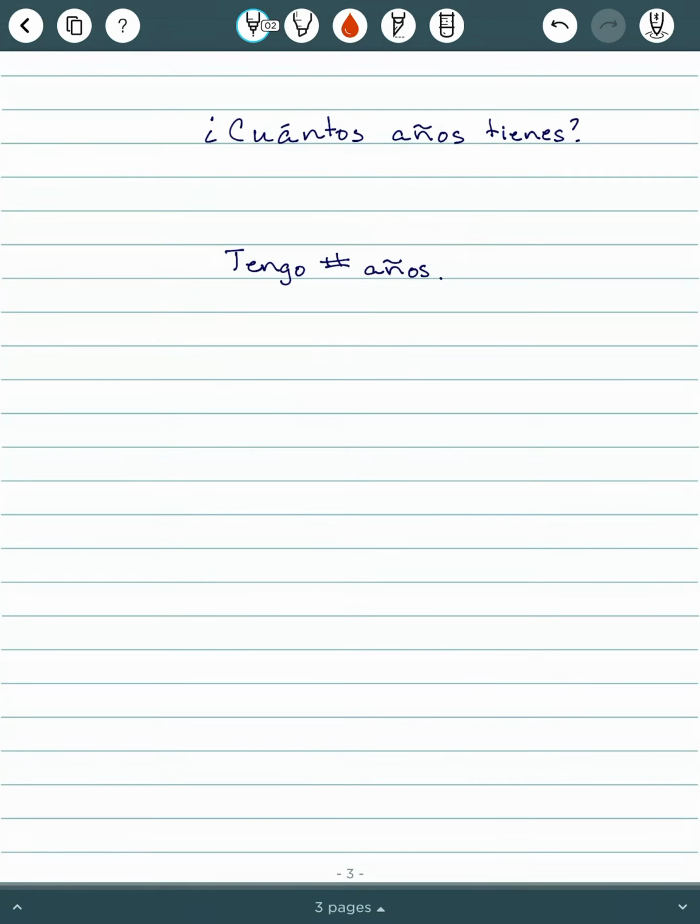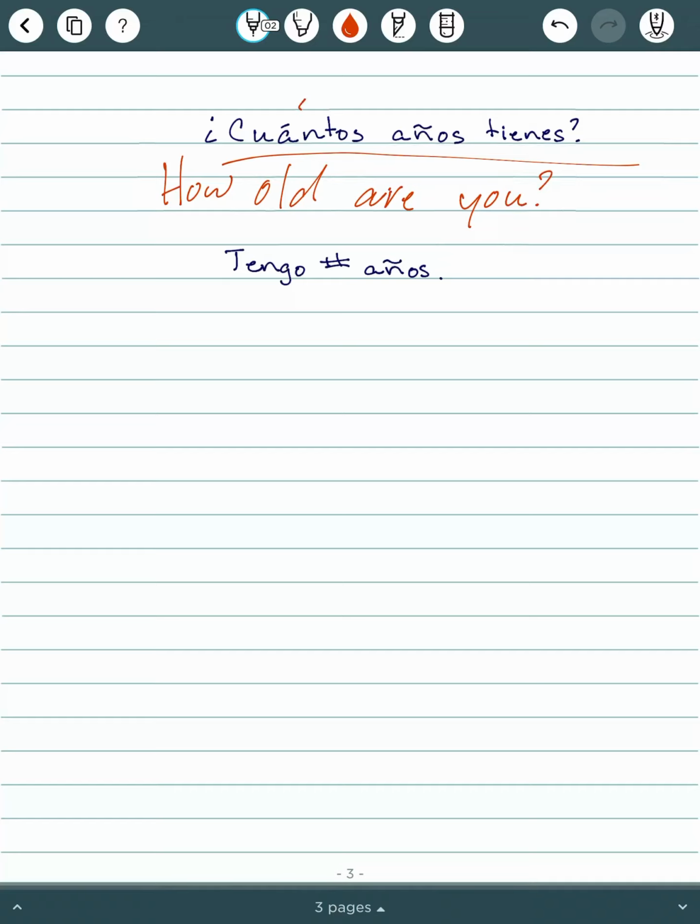So let's talk about a very important question and answer that you have probably already seen at this point that uses numbers. This is just the beginning of Spanish, we're learning how to say things about ourselves. ¿Cuántos años tienes? is a question that's going to come up. So we translate this as how old are you?